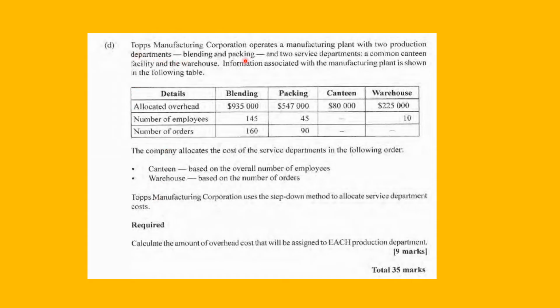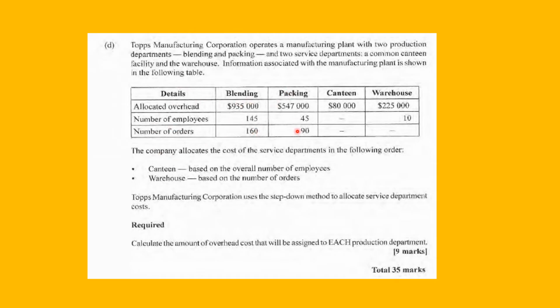Tops Manufacturing Corporation operates a manufacturing plant with two production departments, blending and packing, and two service departments, a common canteen facility and the warehouse. Information associated with the manufacturing plant is shown in the following table.